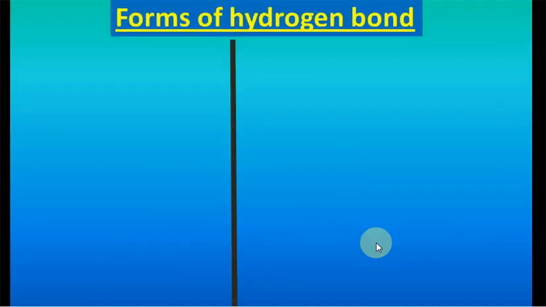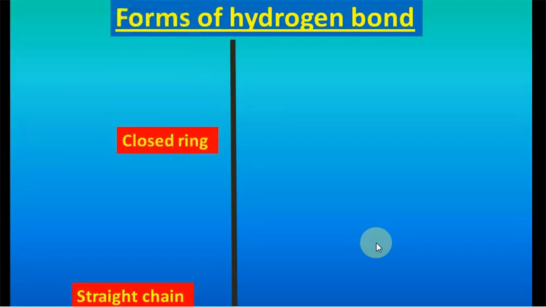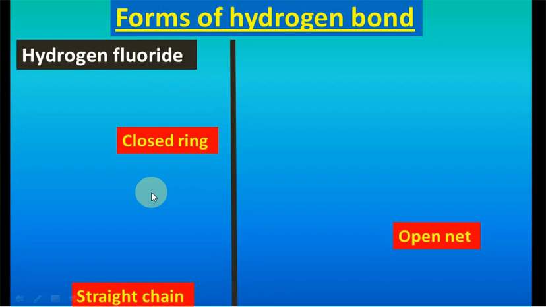Forms of hydrogen bond. There are three forms of hydrogen bond: closed ring, straight chain, and open net. Closed ring and straight chain occur in hydrogen fluoride, like this. Closed ring, like this.